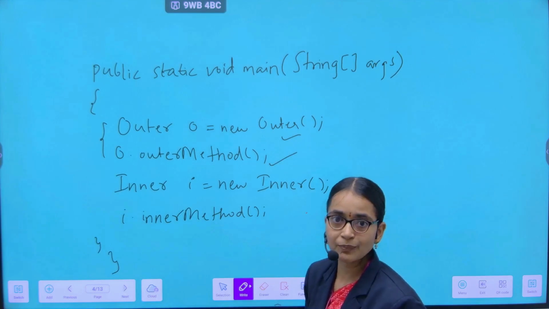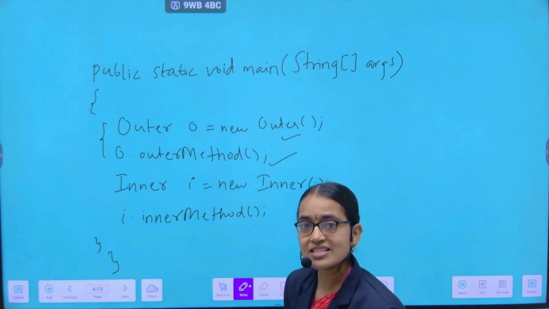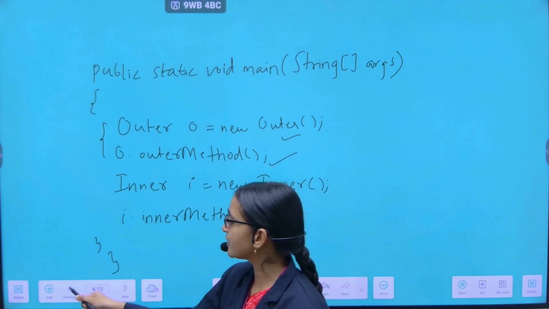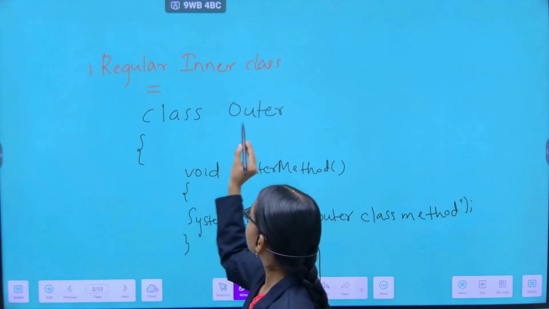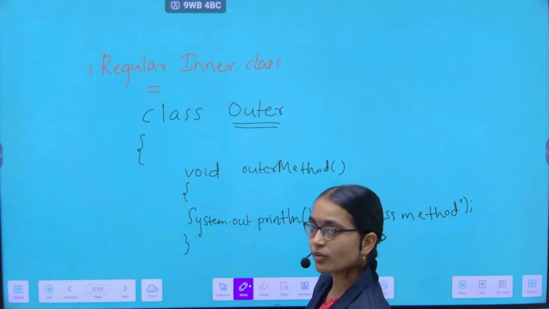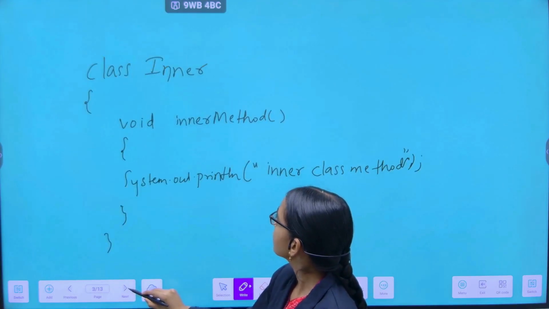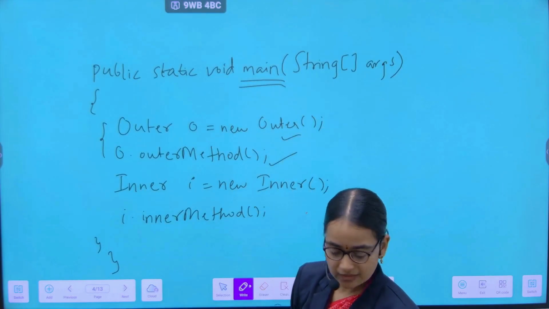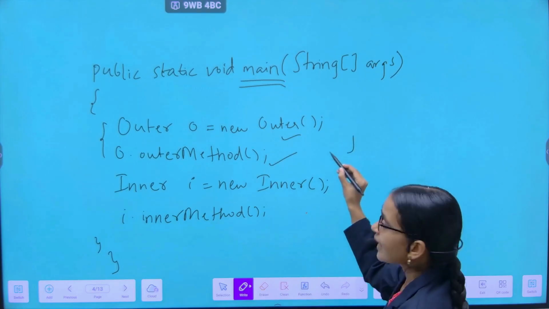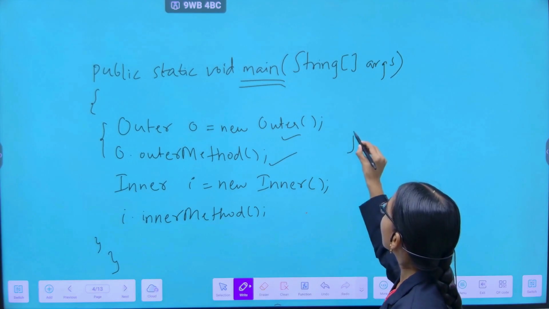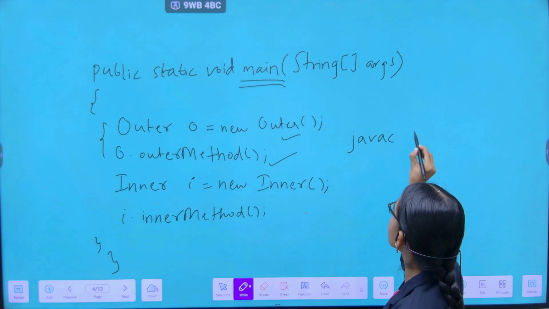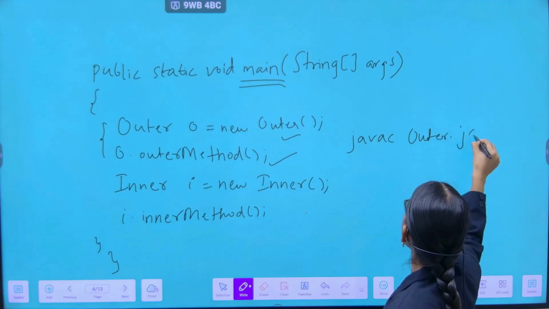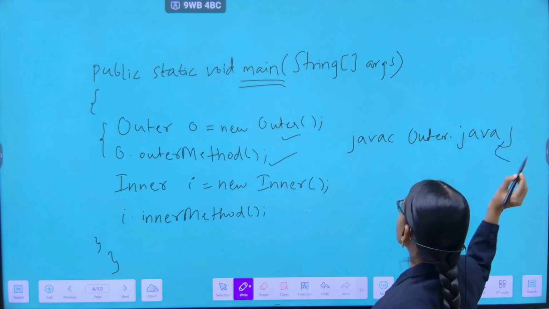If you compile this program code, what is the file name? That is outer, your first created name, the program which holds the main method. So save this with the file name outer.java and compile the code with javac outer.java.